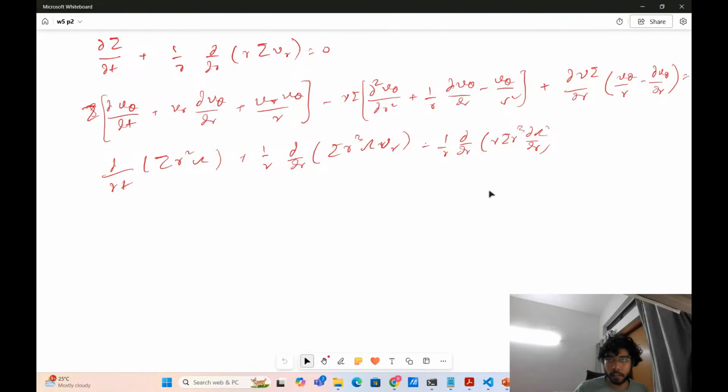Okay, so these are all the equations. This is the continuity equation, this is the momentum balance equation. Now using these two equations, we have to derive this third equation.